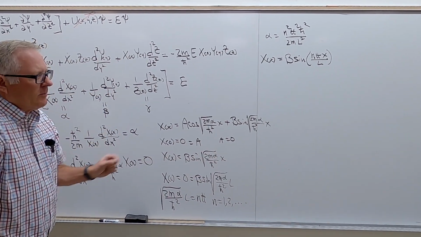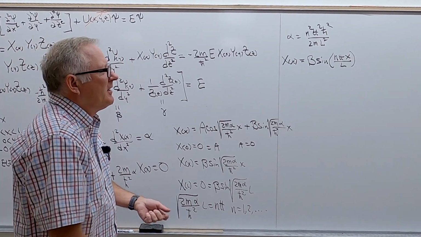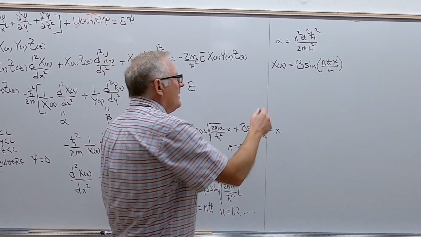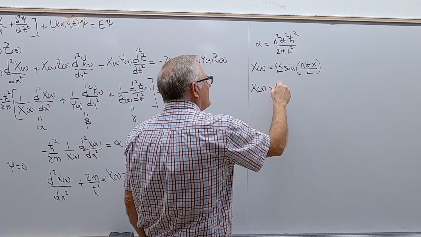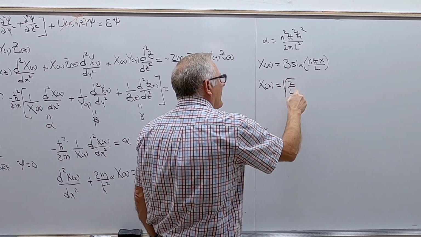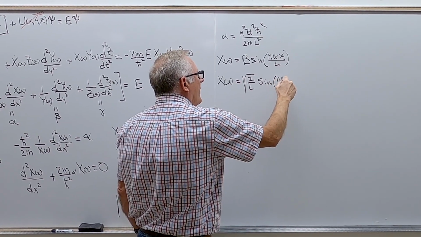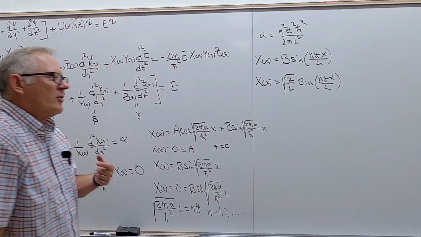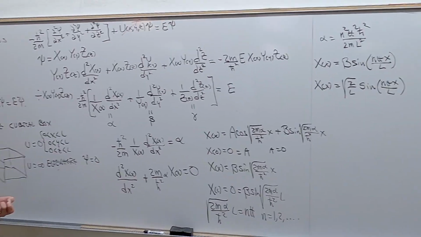And then we normalized it to get B. Well, that's exactly what we did before. I don't even need to normalize it again. We know what it was. It was the square root of 2 over L. So X sub x is just the square root of 2 over L sine n pi x over L. Exactly what we got for the one-dimensional infinite well. That was for the x part.